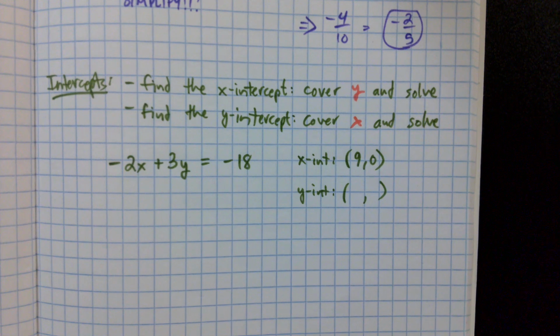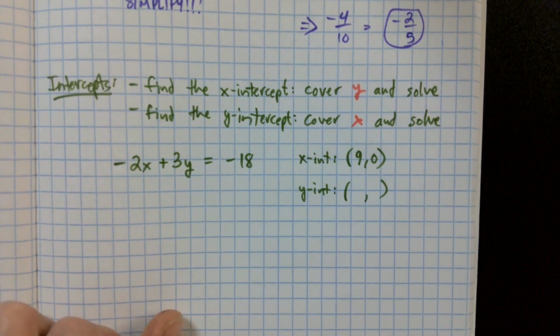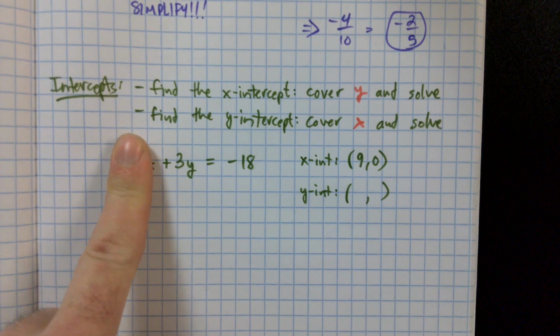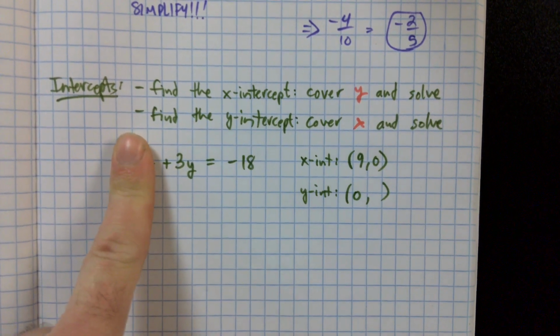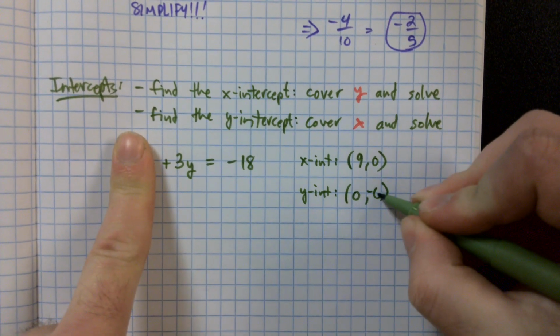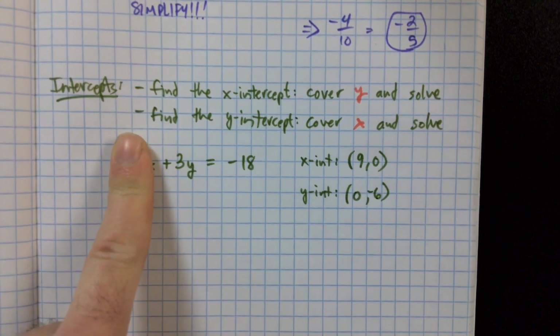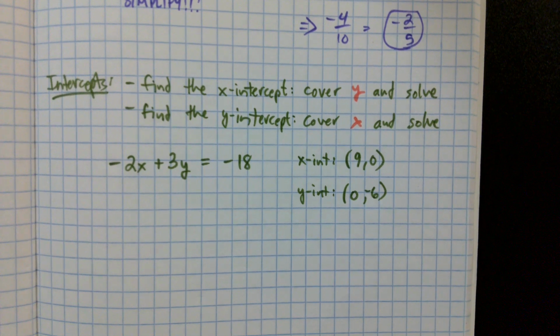If I want to find the y-intercept, what am I going to cover up here? Christian? The x. Okay. When x is 0, 3y equals negative 18. Well, what's y here? Negative 6. That's right. We don't even need to write that work out. We can just do that in our head.